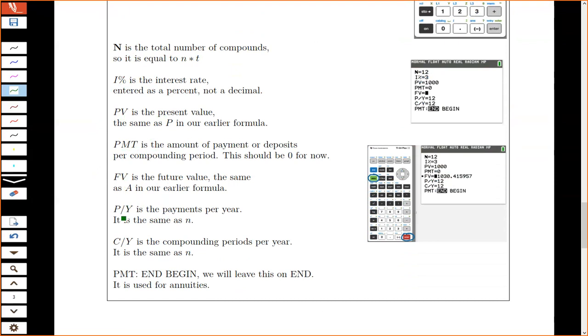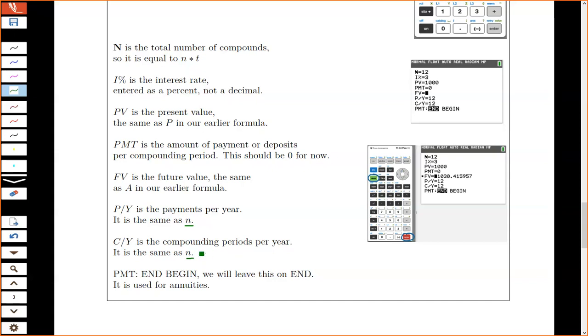Okay, then we have this P over Y and C over Y. In your calculator, it allows you to make these two different things. In this class, we never want them to be different. We always want them to be exactly the same as n. The idea is your calculator allows you to, say, make payments every 2 weeks when you get your paycheck, but maybe you're only charged interest once a month.